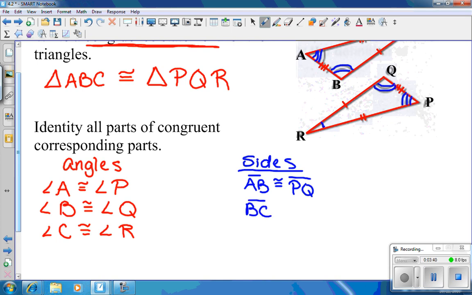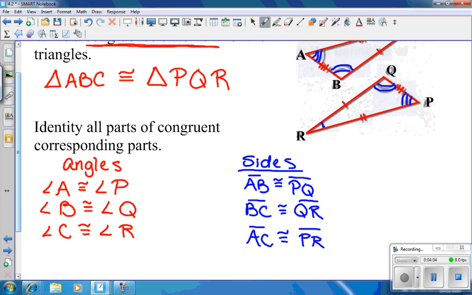BC is congruent with what side? QR. And what's the last side? Good. Most people miss that because it's just written differently. But AC is congruent with PR.